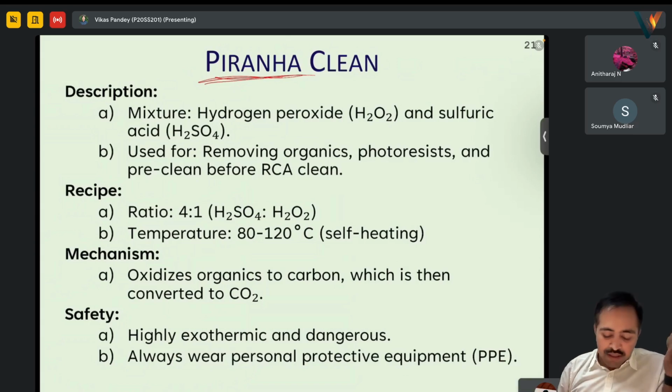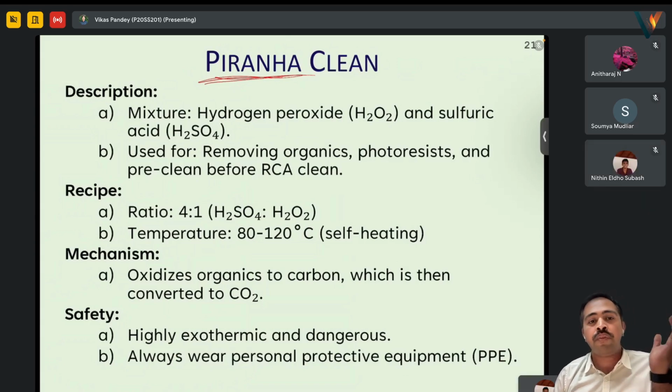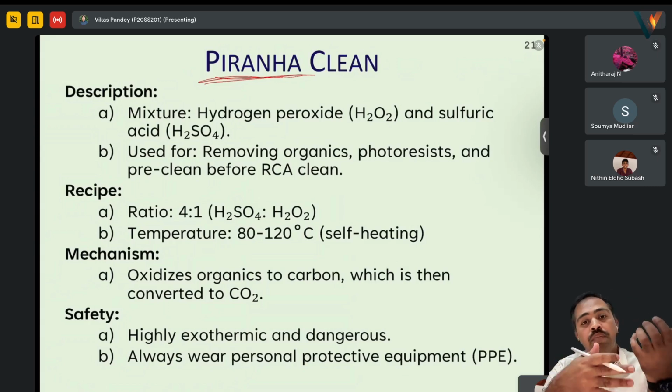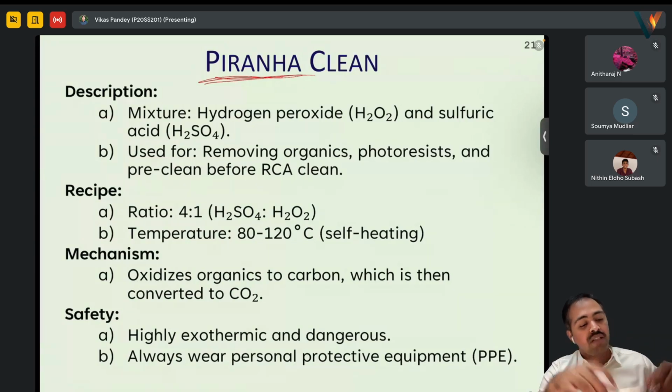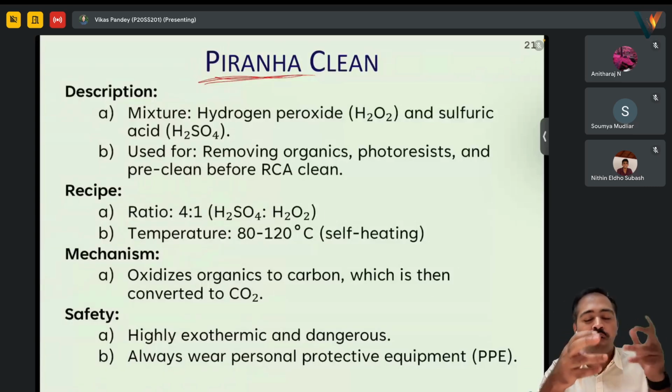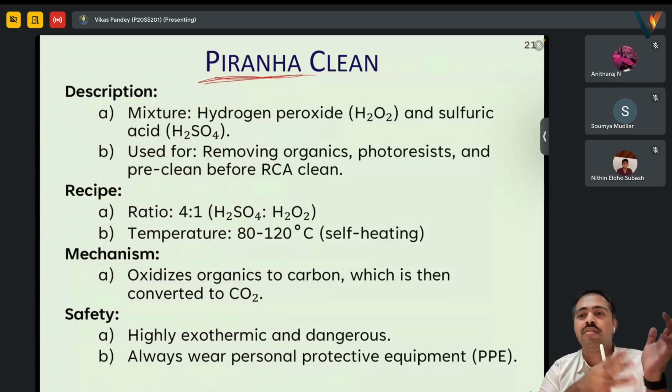Okay, this H2SO4 and H2O2 in the ratio of 4 to 1 is mixed. Okay, and a temperature of 80 to 120 degrees Celsius is there. The mixture itself, when you mix, it is boiling and it is hot. Okay, so you don't have to heat separately.